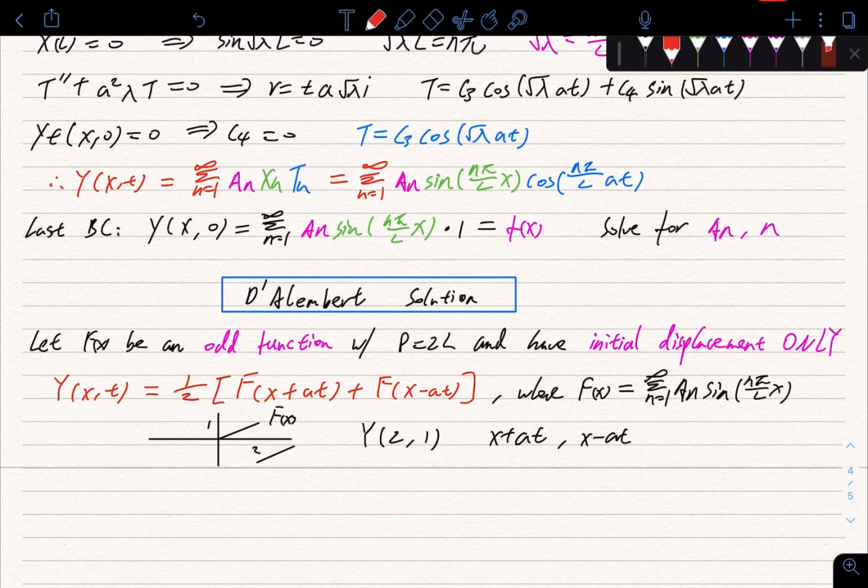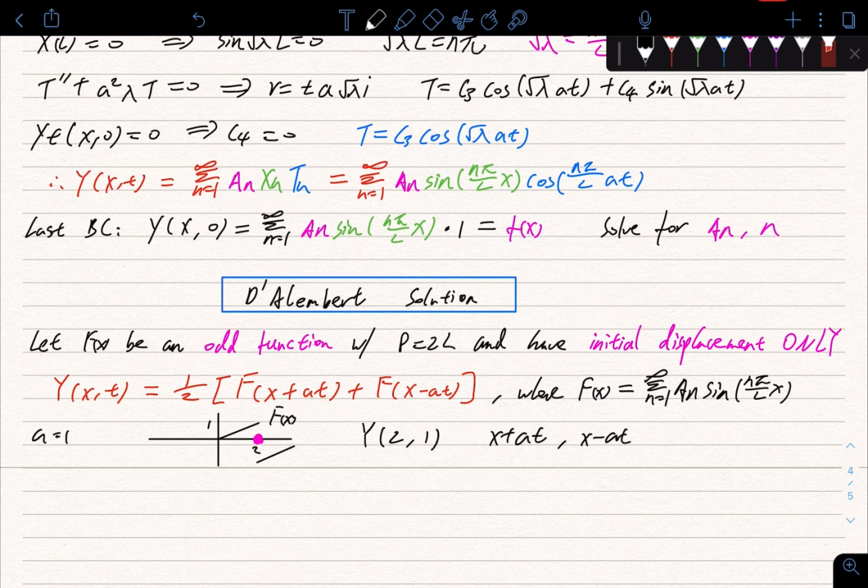Just be careful about the odd function, the Fourier series value at x equals 2, because the value of f of x at 2 is not here nor here. Instead, it is the average between the discontinuities. By the way, let's assume that the a value equals 1.